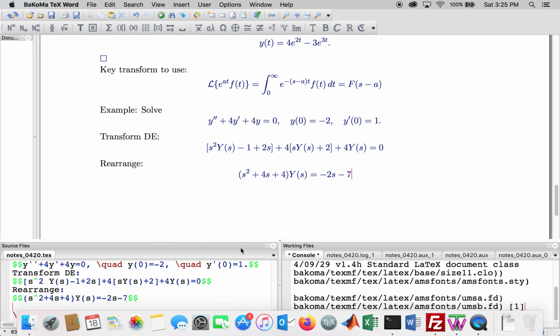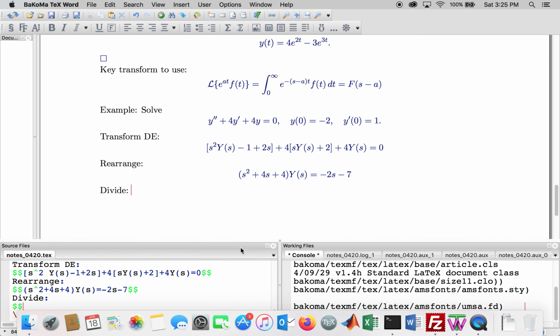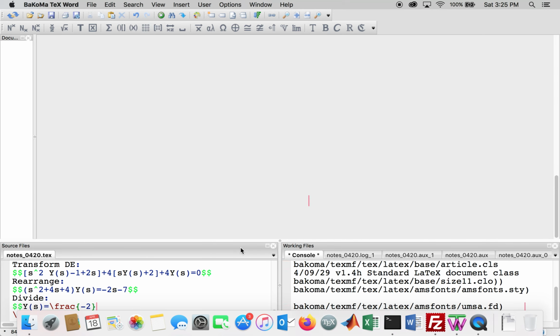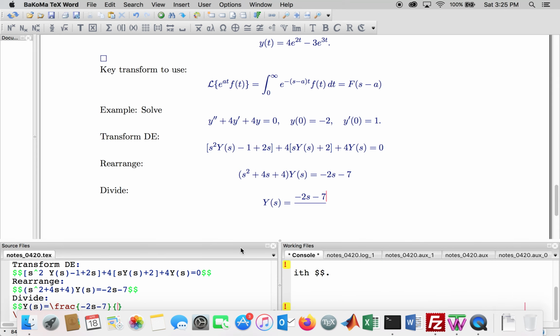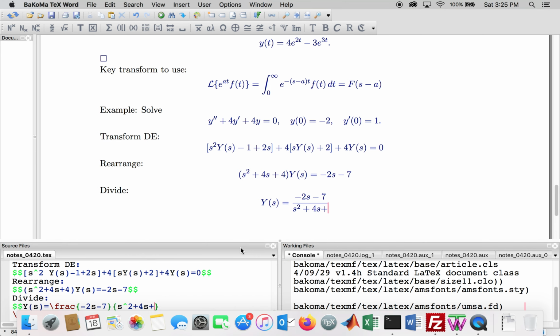So now I have the Laplace transform of my solution: Y of s equals minus 2s minus 7 over s squared plus 4s plus 4.